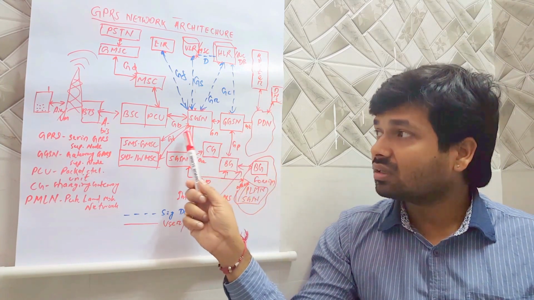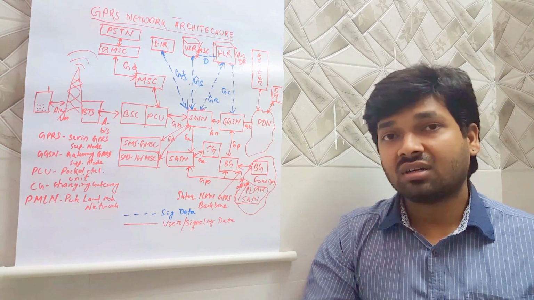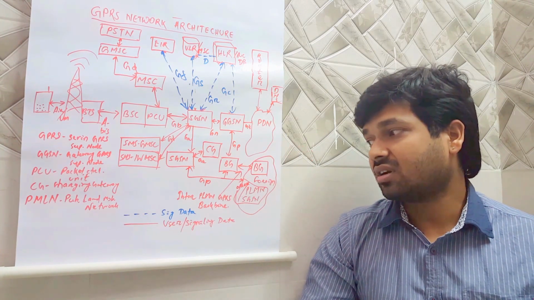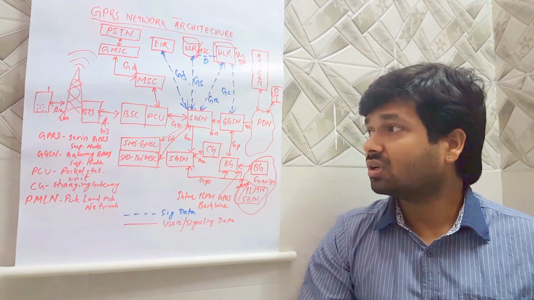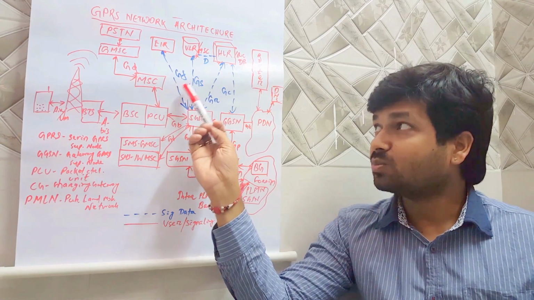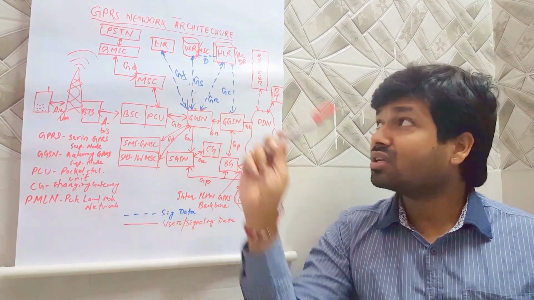All these red colored interfaces are carrying user data and signaling data both, but only these blue dotted lines carry only signaling data.